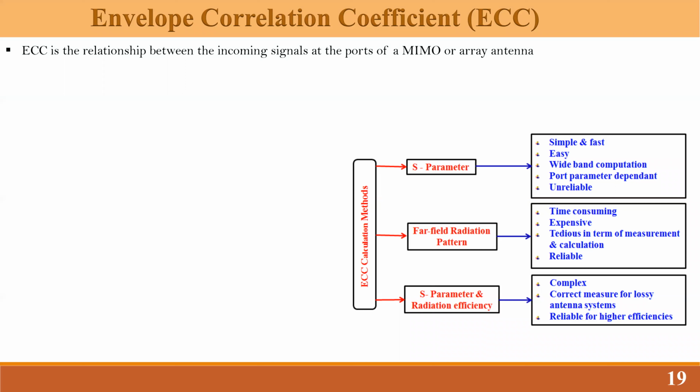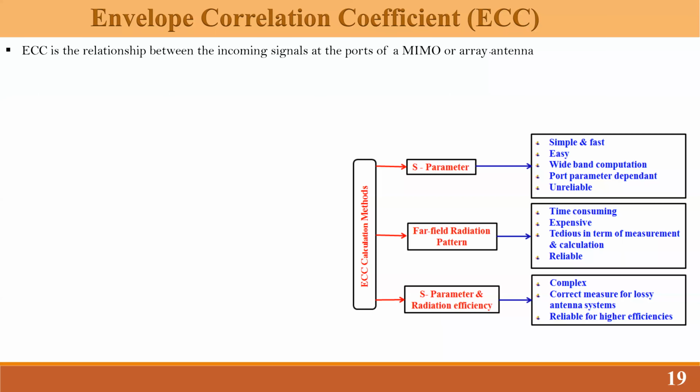One of the parameters is the envelope correlation coefficient. What is that? The envelope correlation coefficient is the relationship between the incoming signals at the ports of the MIMO or any array antennas. So the envelope correlation coefficient will give you the quality of the communications that we are having.